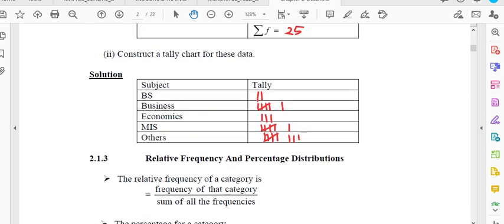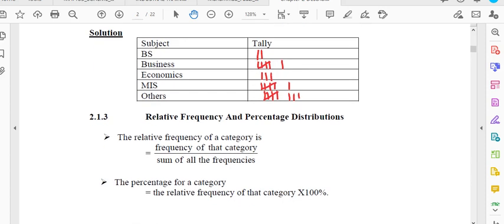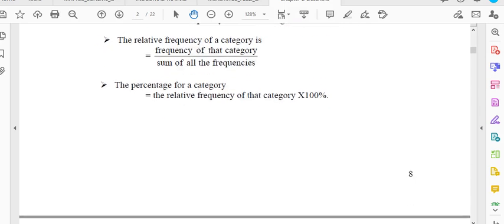Relative frequency is the frequency involved divided by the summation of all the frequencies. For percentage, you just multiply the relative frequency by 100 to get the percentage. So how does it go? Let me share with you.